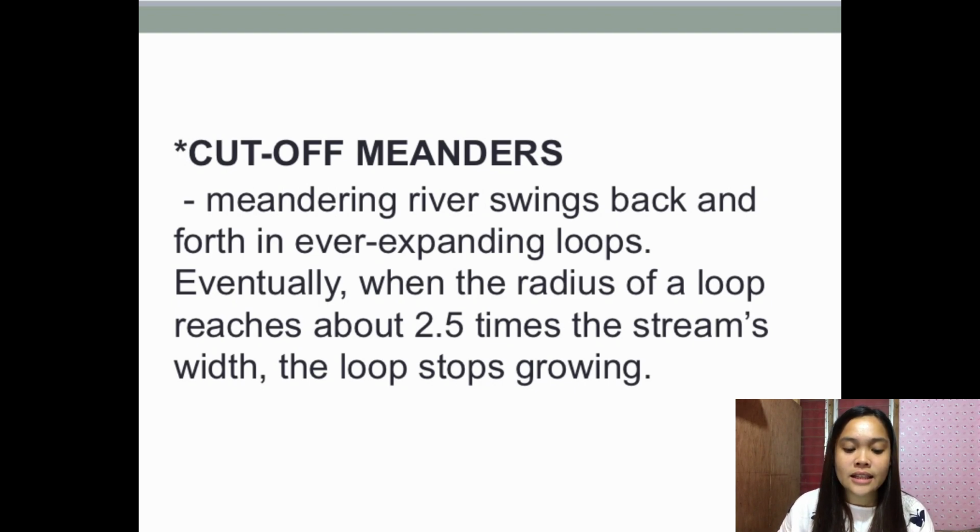Cut-off meanders. This is the most conspicuous floodplain feature, often with meandering channels. A meandering river swings back and forth in ever expanding loops. Eventually, the radius of a loop reaches about 2.5 times the stream width, and the loop stops growing.